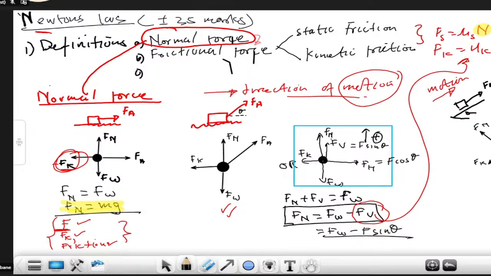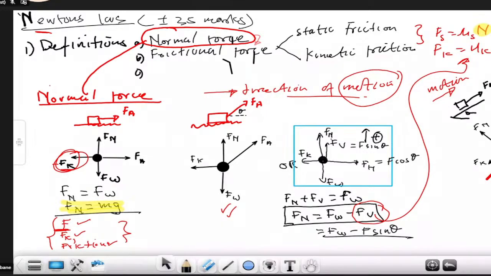But this, ladies and gentlemen, is not going to assist me in getting the maximum marks that one desires. And most of you will forever have a mistake of your forces not aligned according to the direction of the plane. So ensure that your FA is parallel to the surface.